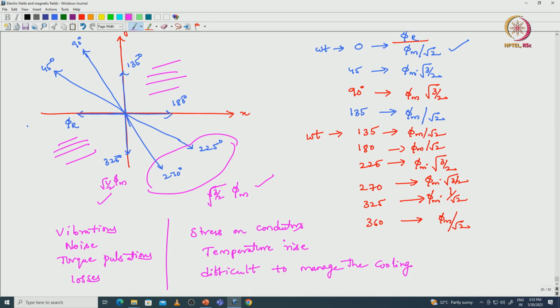So, from this analysis we can conclude that if there is no mechanical displacement or no electrical displacement, symmetrical displacement I am talking about, then we will see an uneven or unsymmetrical rotating magnetic field, with unequal magnitudes.